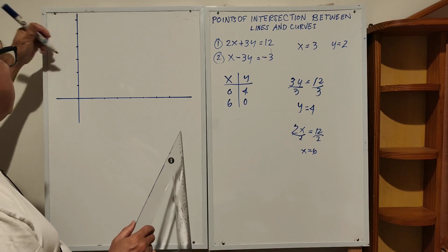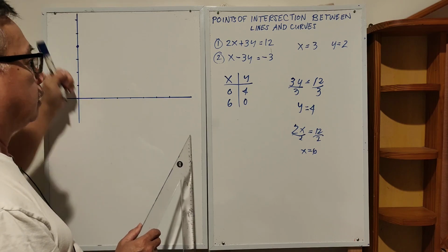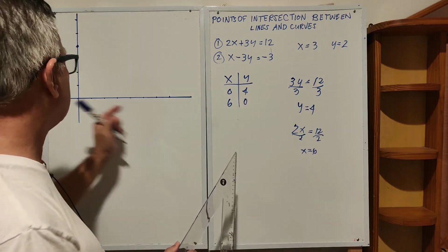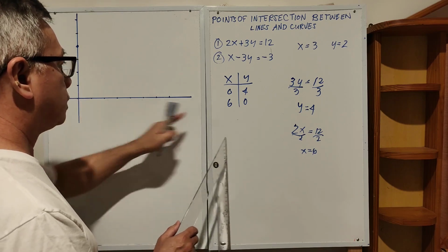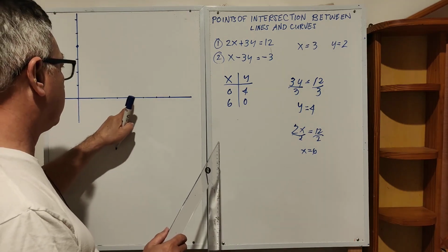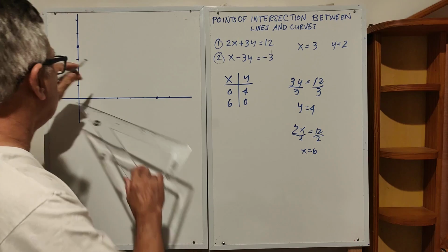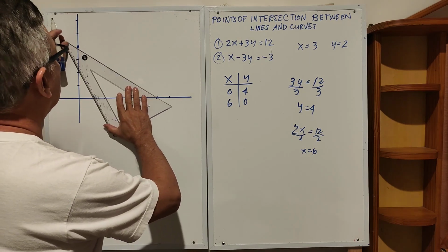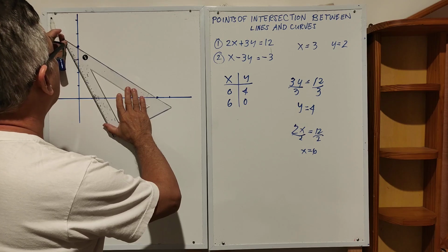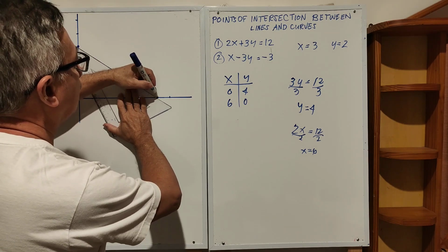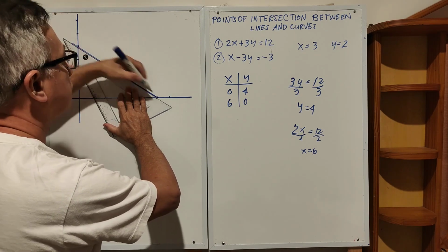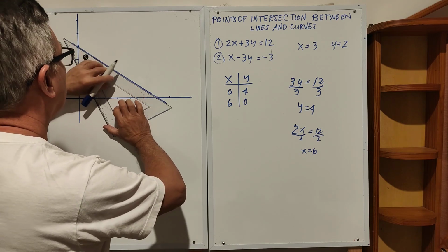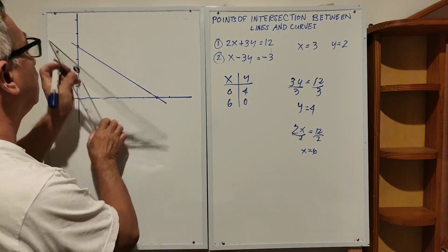So 1, 2, 3, 4. And then if y is 0, x is equal to 6, 1, 2, 3, 4, 5, 6. It is this one. So we can put a line. This is your first equation line.